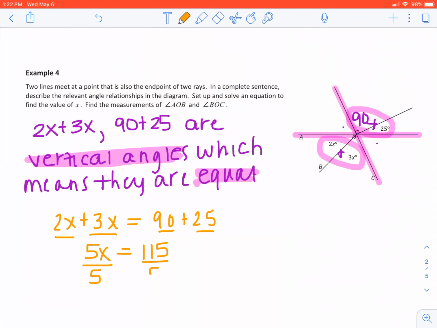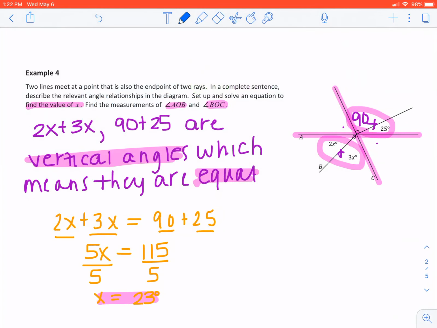Keep solving for x, so we're going to divide both sides by 5. So I'm going to just hit divided by 5 in my calculator since I already have the 115 there, which is equal to 23. Now, yes, this did ask for the value of x, which we just found, but it's also asking for two more angles here that we have to go back and find.